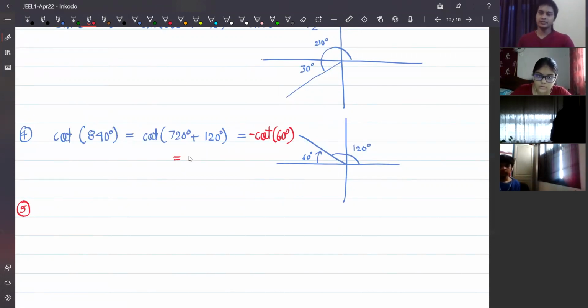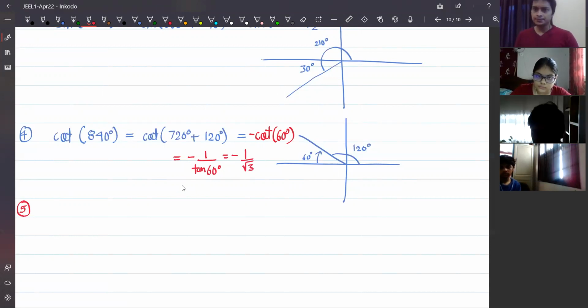For cot, the relation will be like tan. Cot 60 is 1 by tan 60. So minus 1 by root 3. This is correct.